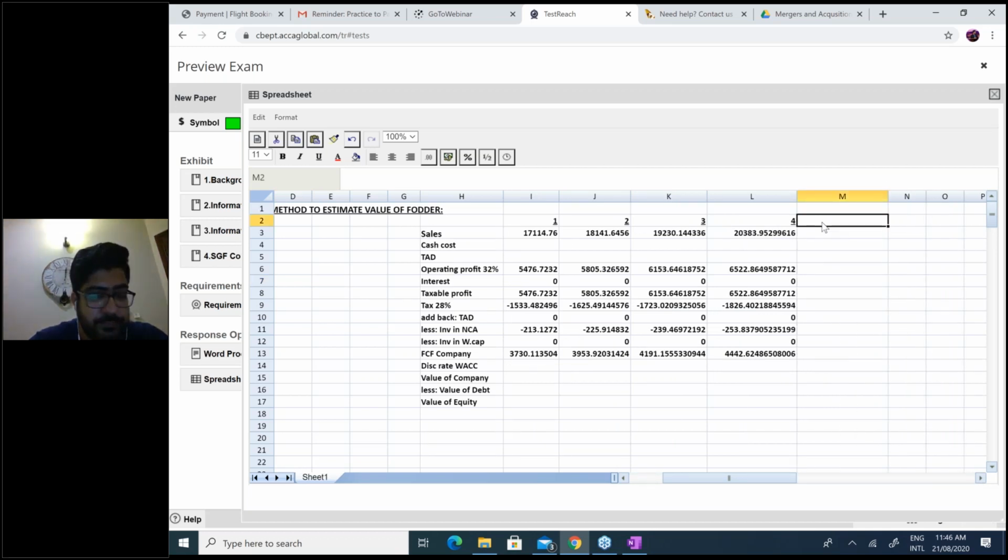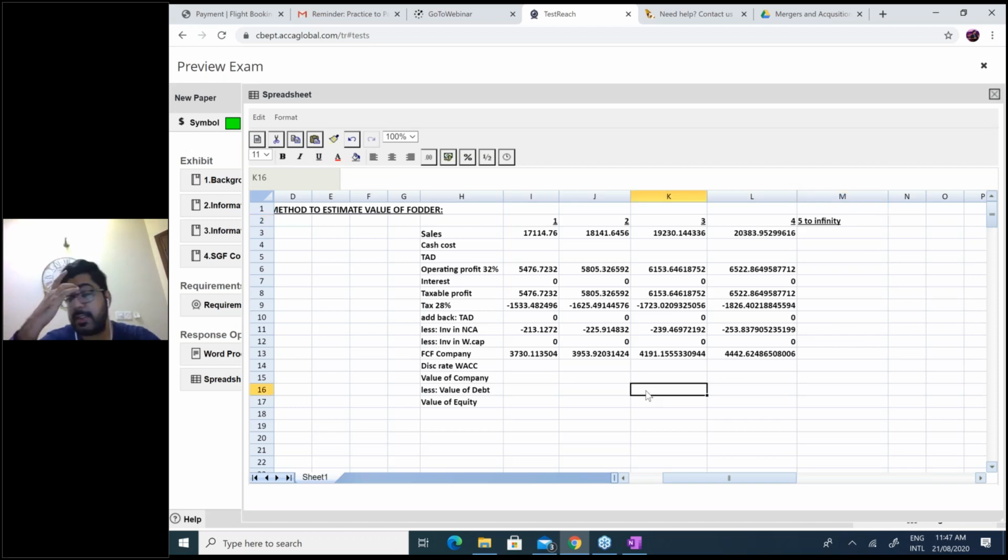We believed that we had been provided information for the future till year 4, and we wrote it till year 4. But after the 4-year period means year 5 to infinity, the foreseeable future. The growth rate of revenue isn't given. It didn't say that the growth rate of revenue will be 3%.